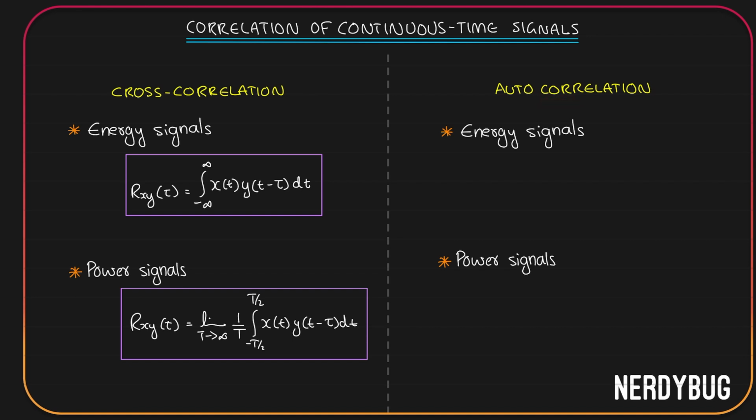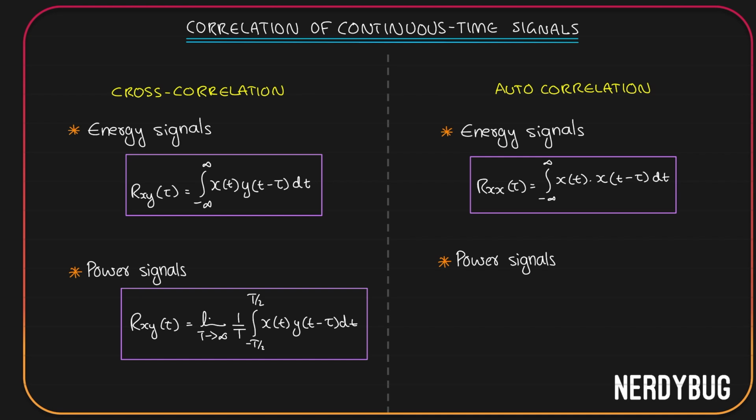Let's move on to autocorrelation. For energy signals, the equation will be like this: Rx of tau is integral from minus infinity to infinity x of t x of t minus tau dt. We can write a similar equation for power signals also.